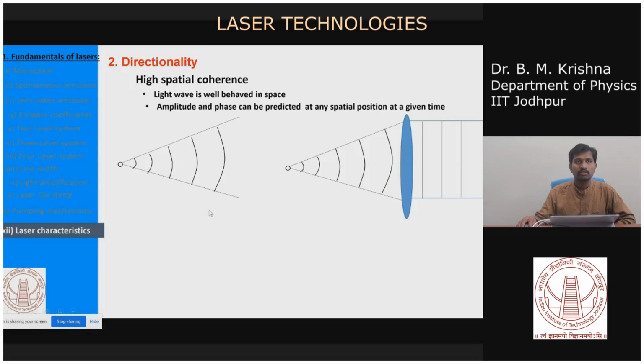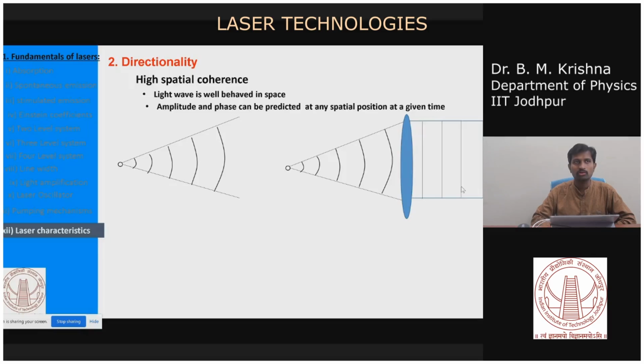To make it simpler, you use a lens so that you get plane waves. Now you know the amplitude and phase here, and at a later time you can get the amplitude and phase here. So that gives you your spatial coherence.